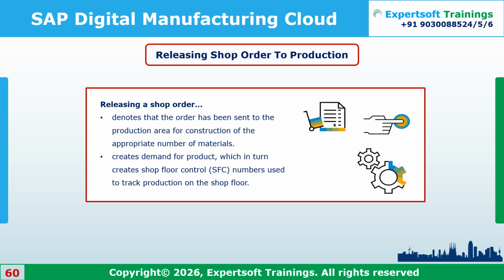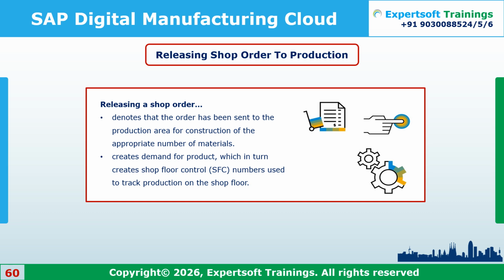Okay, so releasing shop order to production. All the planning of the production order can be done in S4. Once we have the DM connected to the S4 system, then we'll get the option called release for production. Once we release the order from the S4 system, then only it will be displayed in the DM for the further execution.